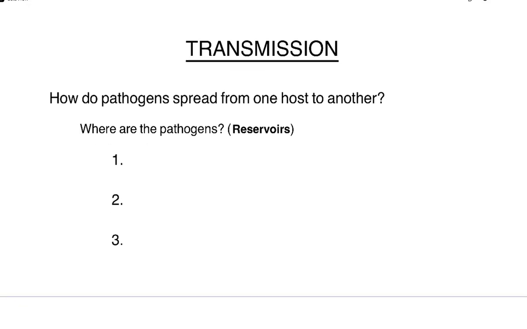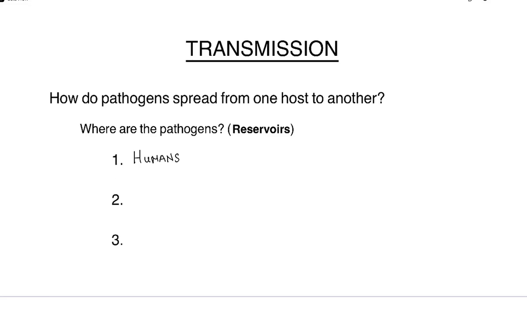The first one, and the most common one, is simply us, humans. We are reservoirs for all kinds of different infectious diseases, especially human-adapted diseases: strep throat, pneumonia, meningitis, Clostridium difficile or C. diff, basically almost everything that causes diarrhea, staph infections, malaria, HIV, now COVID-19.